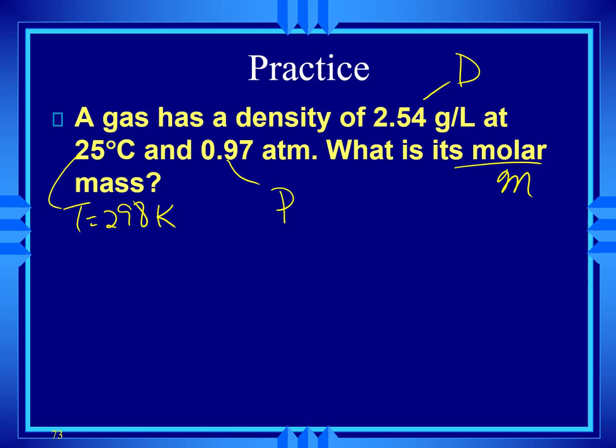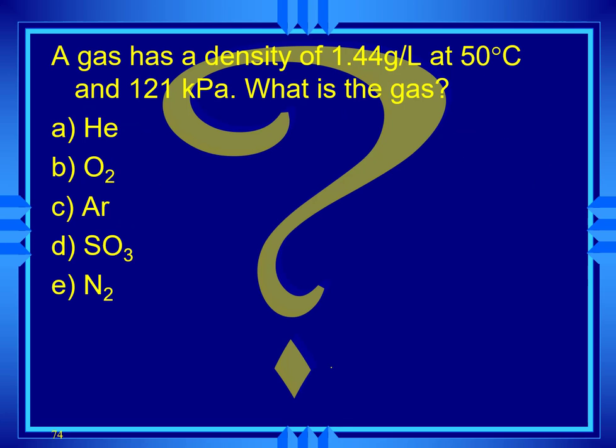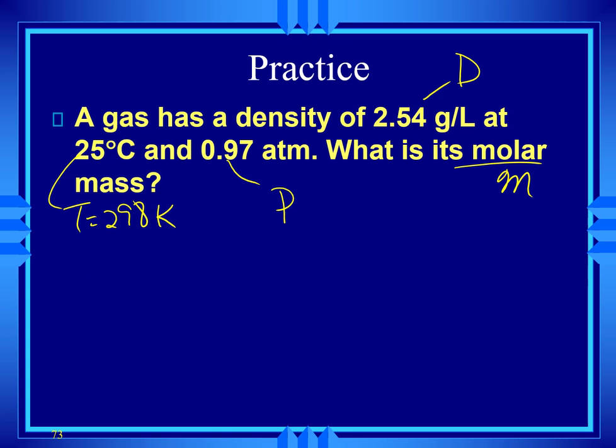Anybody think of an equation that has those pieces in it? One we learned just a second ago. Molar mass equals dRT over P. And it's already set up for me.